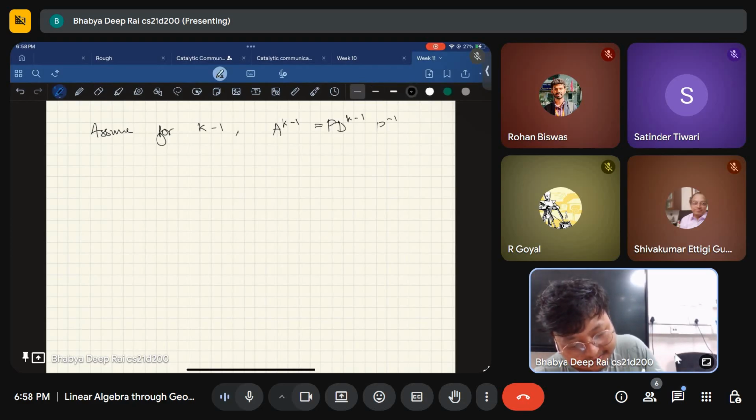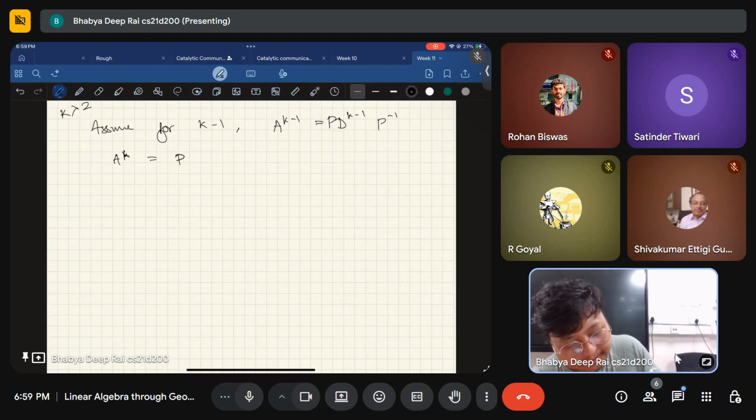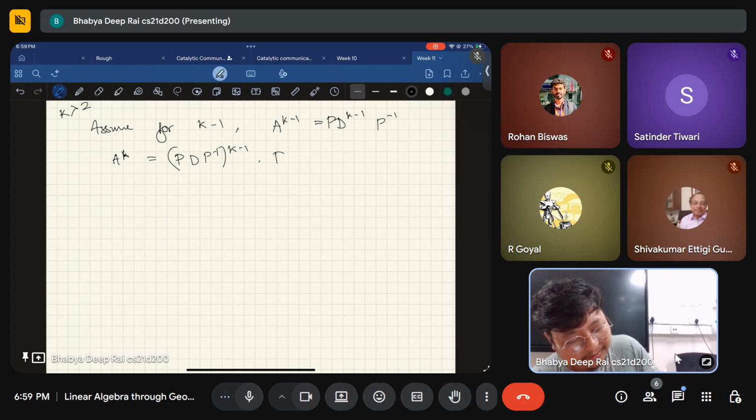So that is my assumption for induction, and now I want to do A to the k for some k greater than 2. I'll just do A to the k is PDP inverse to the k minus 1 times PDP inverse.